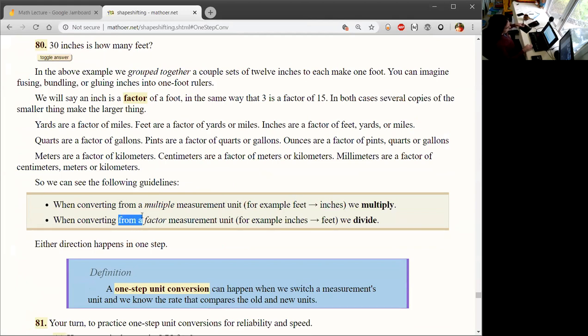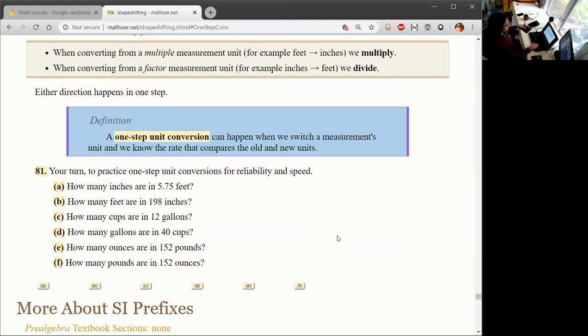If we're going from something that's a part of the bigger amount, inches is a part of feet, then we divide. Again, if you're used to proportions or unit analysis, do it that way too. Don't change how it works for you.